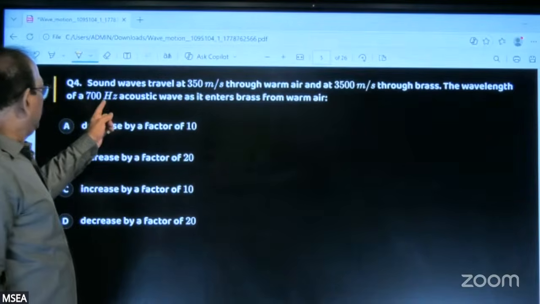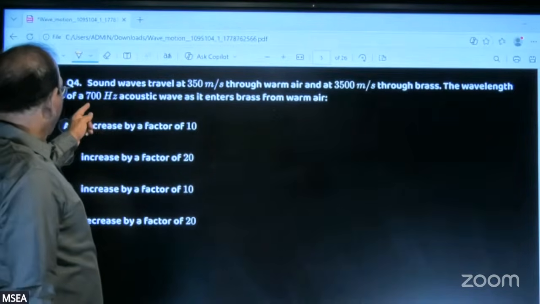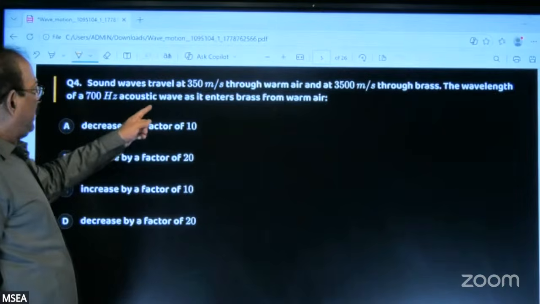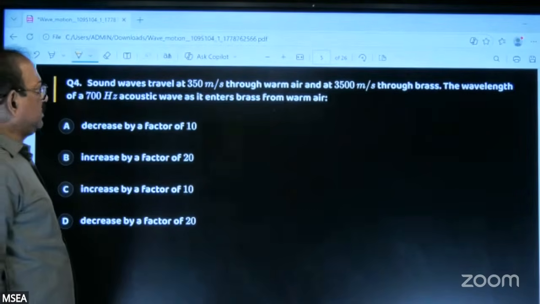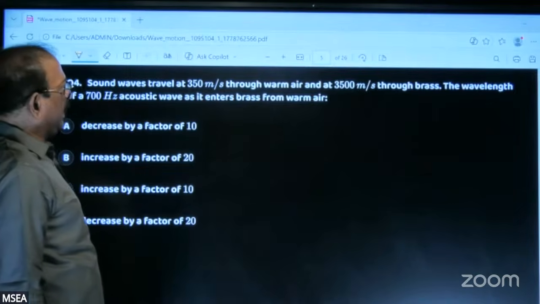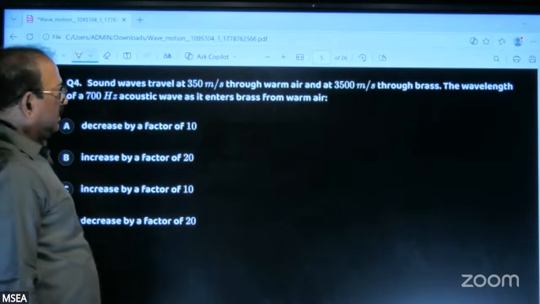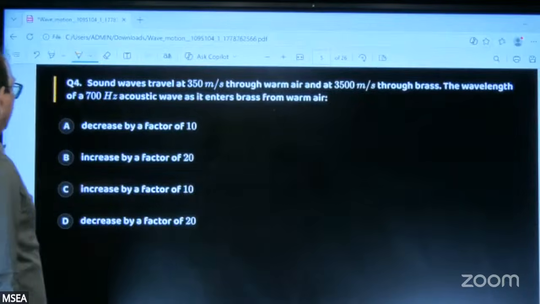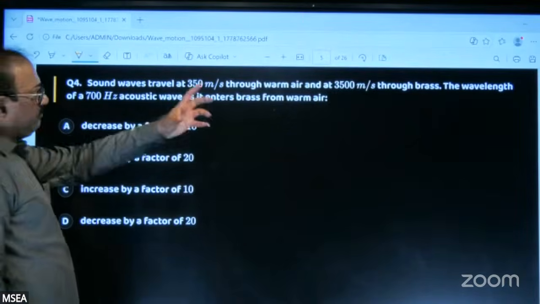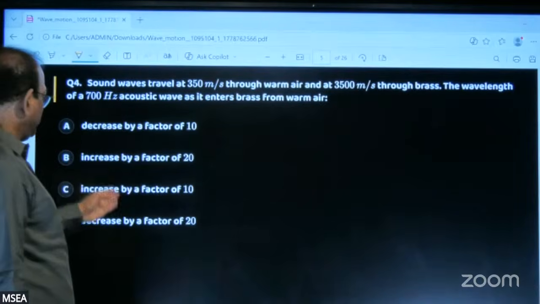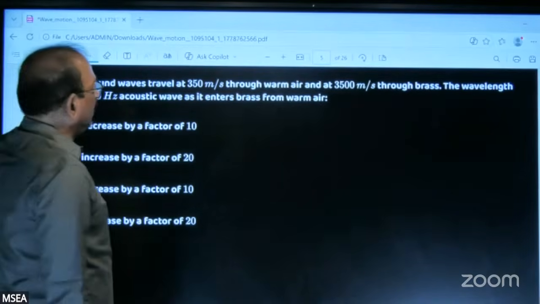The wavelength of the wave of 700 Hz frequency, as it enters brass from warm air, decreases by, increases by, this is asking. It means by how much the wavelength changed is being asked.